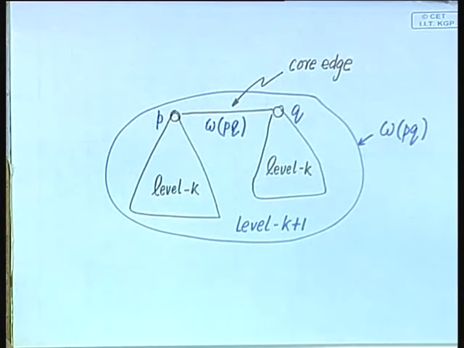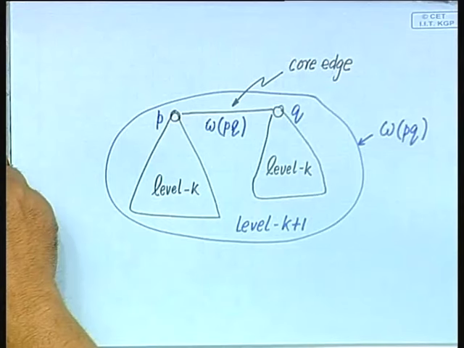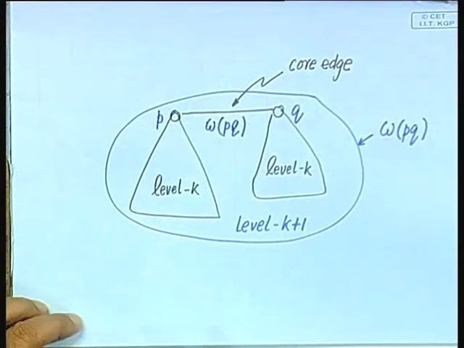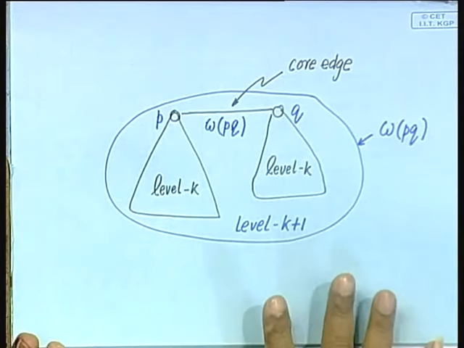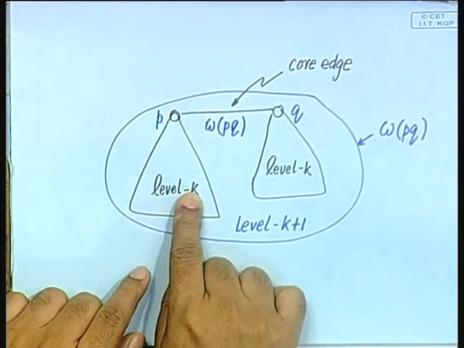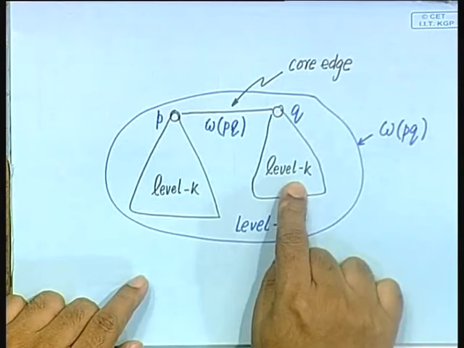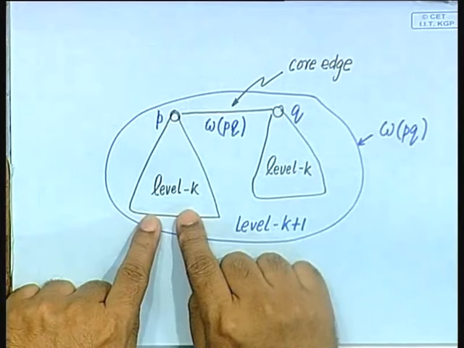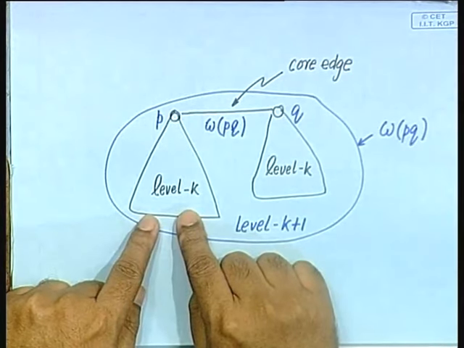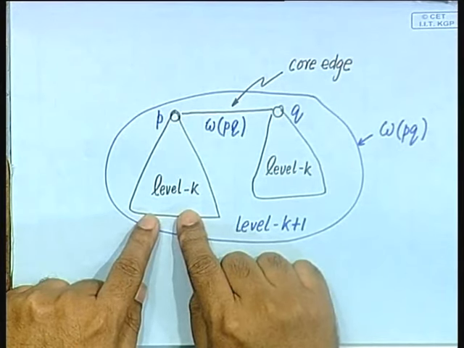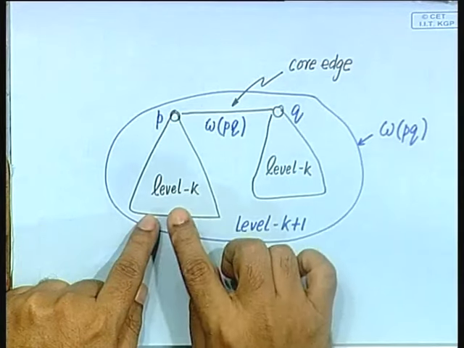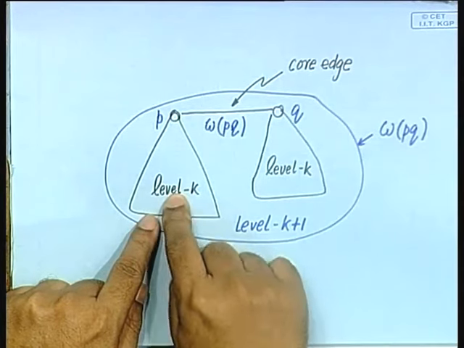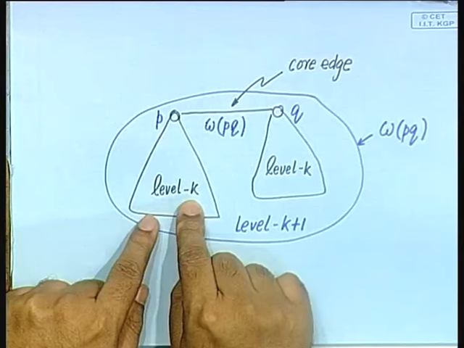This is what we are doing. We have decided to do this in the algorithm, and we will see how this becomes useful. But is it clear what is happening here? If one of them was of a smaller level, then the integrated fragment would still have been level k, the larger of the two, and the name of the fragment would have remained the same as the name of the fragment of level k.